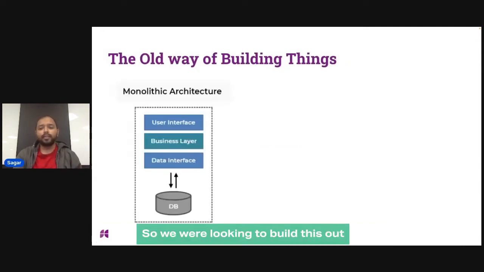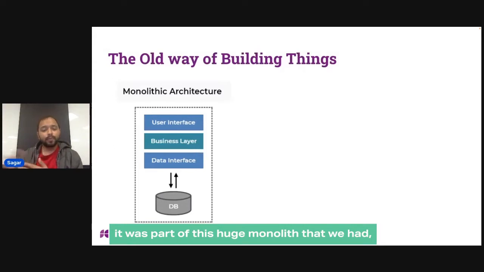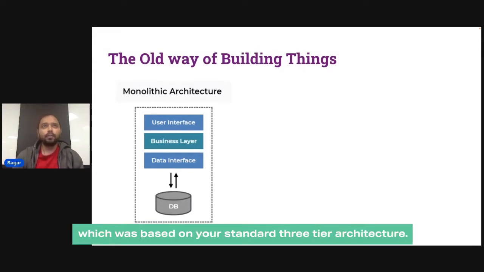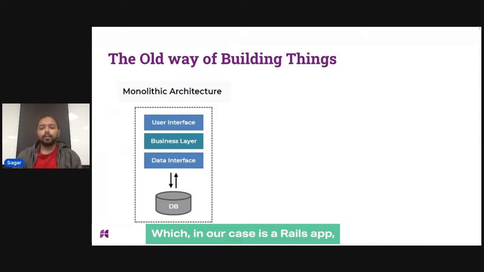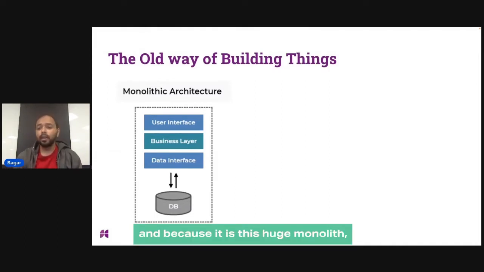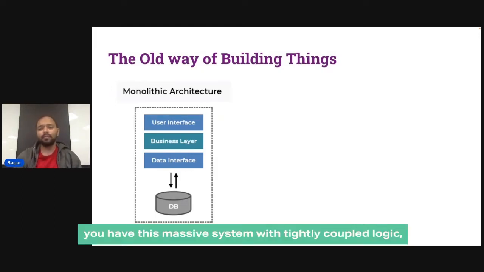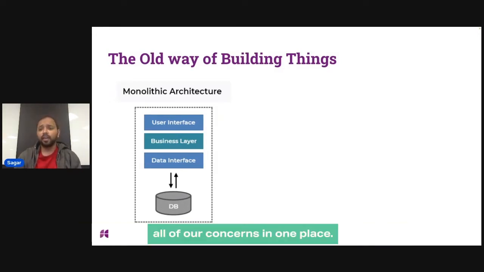So we were looking to build this out, and in the old way of building things, it would have been part of this huge monolith that we had, which was based on a standard 3-tier architecture, which in our case is a Rails app. Because it is this huge monolith, you have this massive system with tightly coupled logic, all of our concerns in one place.